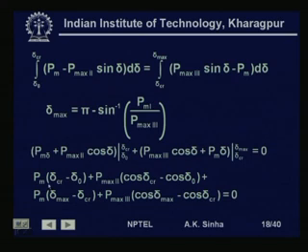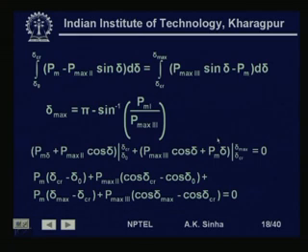So, we substitute these values. We will get Pm into delta critical minus delta 0 when we substitute the limits, plus P max 2 into cos delta critical minus cos delta 0, plus P max 3 into cos delta max minus cos delta critical, and plus Pm into delta max minus delta critical, and this will be equal to 0.